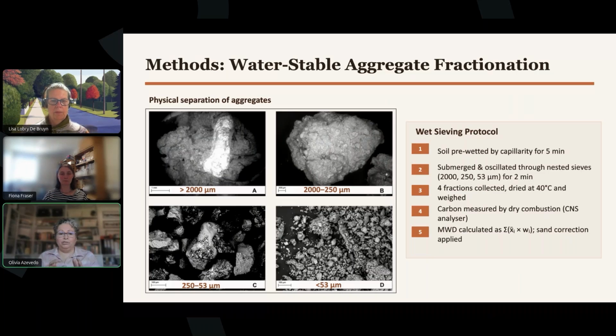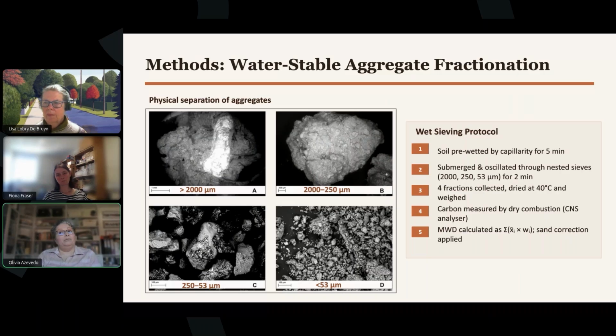The four images on the left show our physical separation of aggregates. We use wet sieving through nested sieves of 2000, 250 and 53 micrometers, giving us four size fractions, which are the large macro aggregates, small macro aggregates, micro aggregates, and a silt and clay fraction.